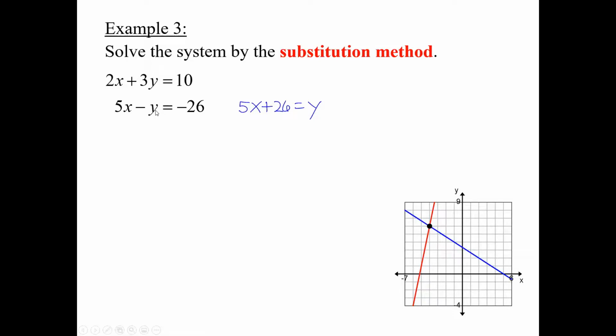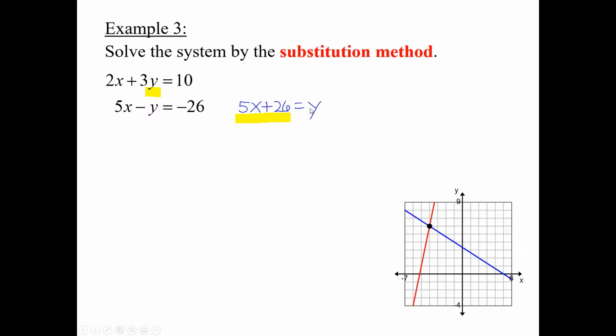In this case, they're going to take the 5x over to the other side, divide both sides by a negative, and they're going to isolate the y. So this becomes y equals, this becomes the substitution value that you put in the other equation.